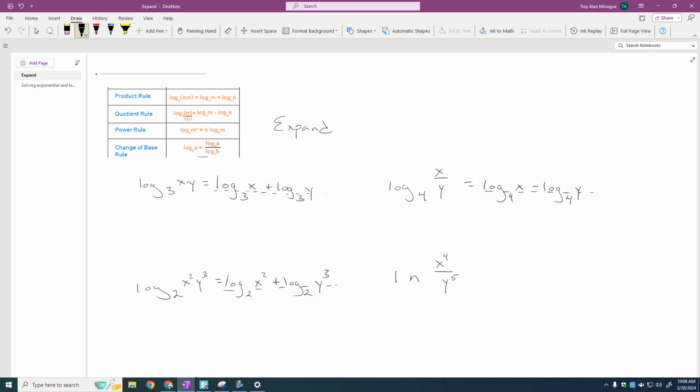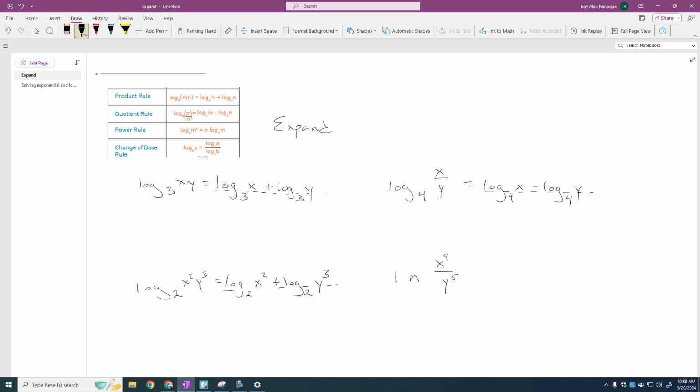Okay, I'm going to jump down here to power rule. Power rule says if I take the log of something that's being raised to an exponent, I can move that exponent out in front. The power rule says if I'm taking the log of a number or a term being raised to a power, that power can come out in front.